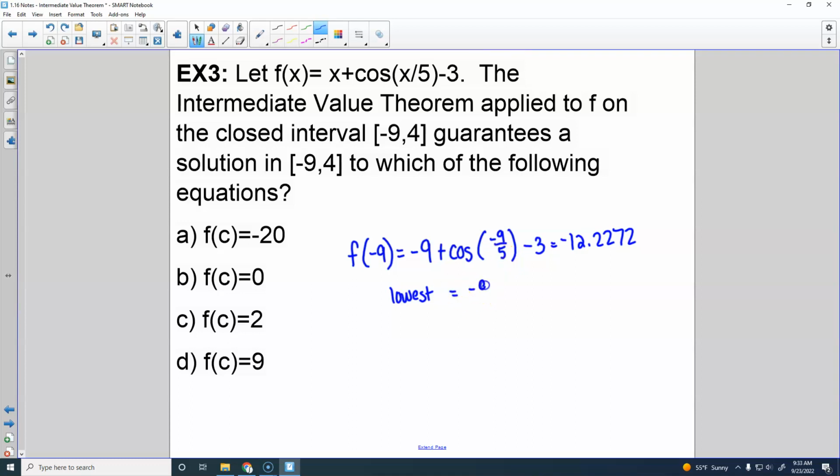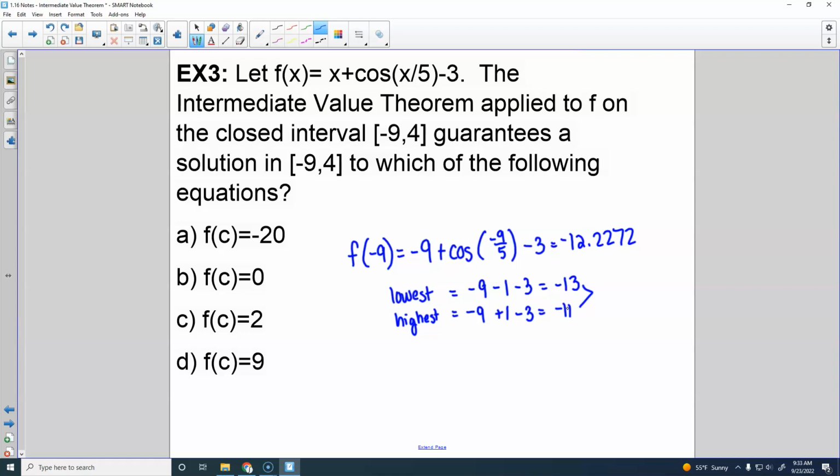So that would be -9 minus 1 minus 3, which would give us -13. What's the highest? It would be +1, so -9 plus 1 minus 3, which would give us -11. So this would give you a range of where that falls. We know that value's somewhere between -11 and -13.